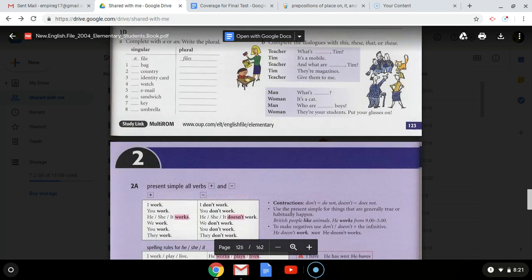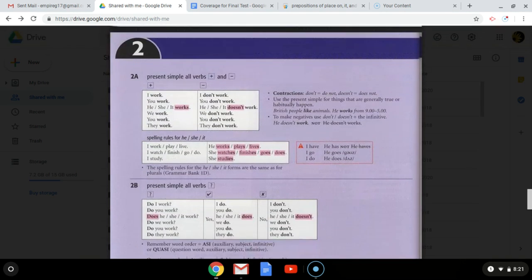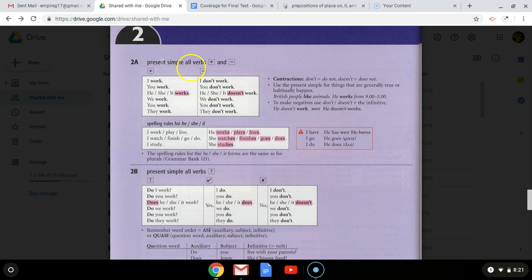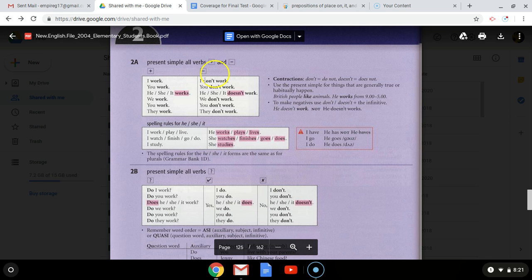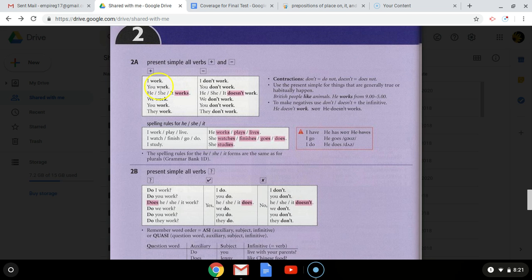That's the best thing. So we have here present simple for all verbs. So we have the positives and the negatives. Okay, so for the positive, all you have to do is to use the base form of the verb. For example, work and works. Okay, work is used if the subject is plural, with an exception of I and you.